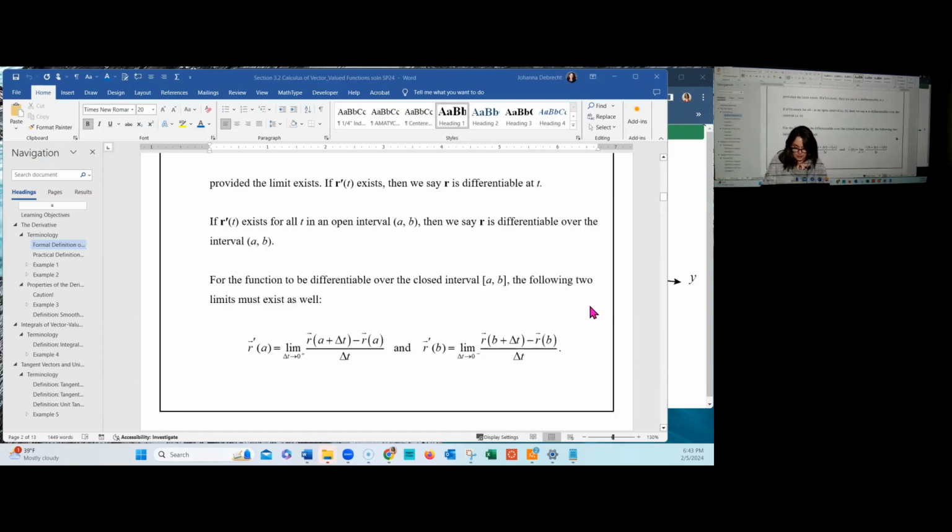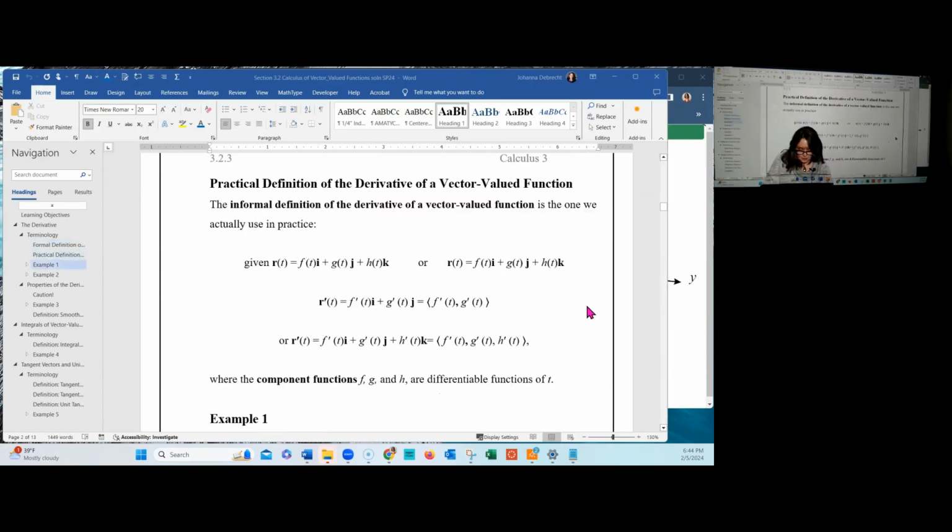The following 2 limits have to exist as well. So it has to be differentiable over the open interval, and differentiable coming from the right at the left endpoint and coming from the left at the right endpoint. In other words, the one-sided limits have to exist at a and at b for it to be differentiable over a closed interval.